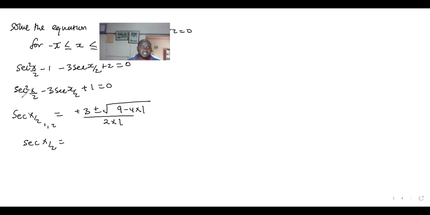Put this in a calculator. Assume this is p squared, this is p. So you are putting a as 1, b as -3, c as 1.